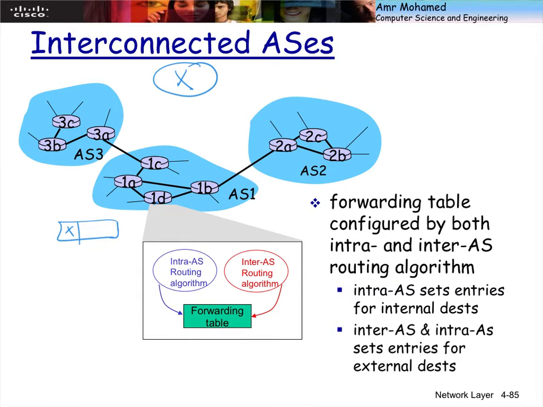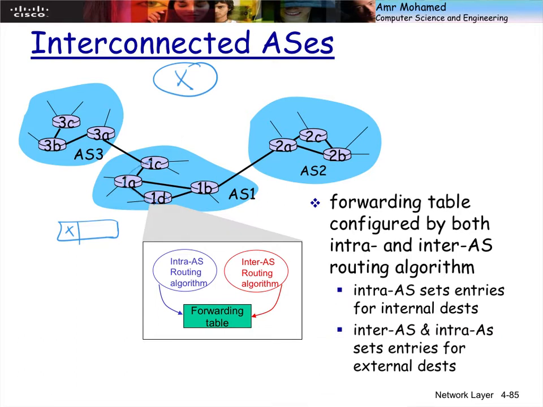So this destination happens to be outside my autonomous system. هتقول لي لا ما ينفعش. This is allowed on the internet. Any router can receive a packet with any destination address, صح? Right? So that's allowed. That's possible, right? So 1D needs to know how to route this packet to destination X. Destination X is a network طبعا. ماشي?